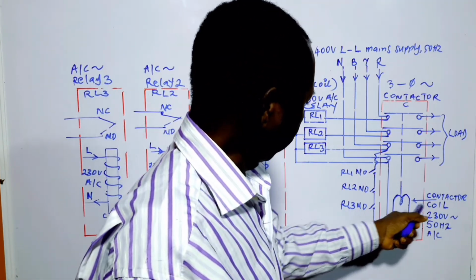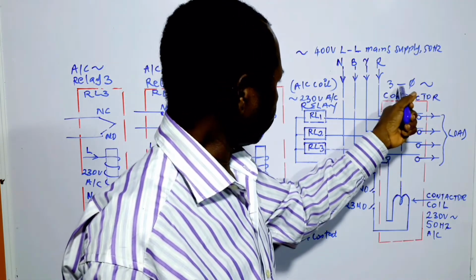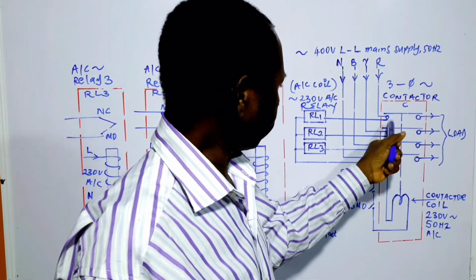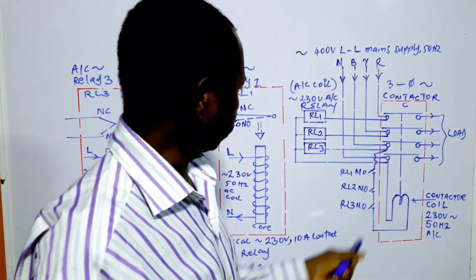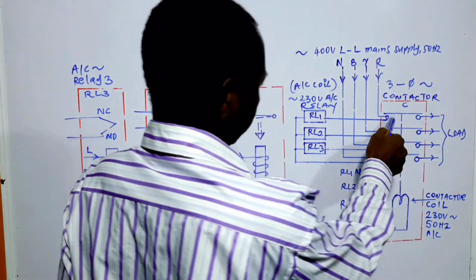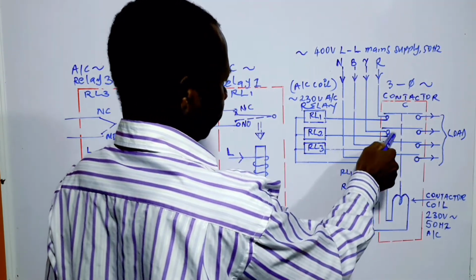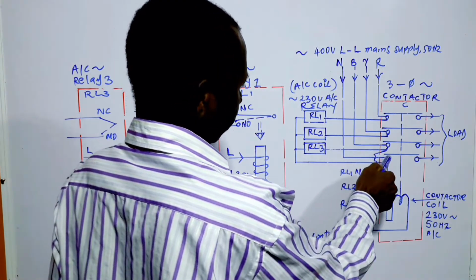This is the contactor coil, a 230 volt coil, and of course it's a three-phase contactor. That's why we have a three-phase supply to it. So here we have the red phase coming here, the yellow phase coming here, the blue phase coming here, and the neutral coming here.